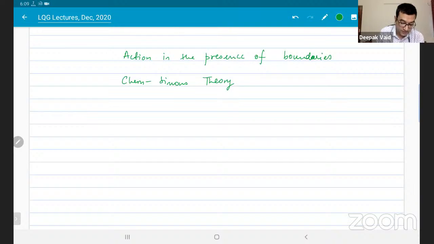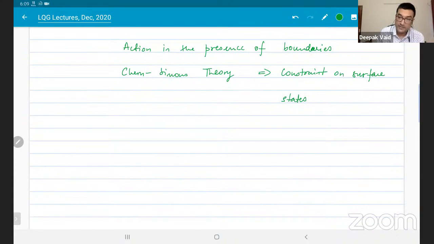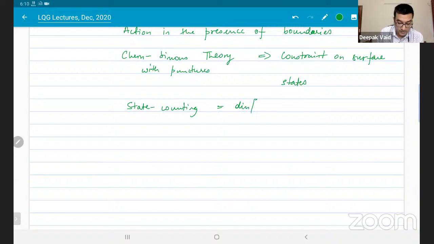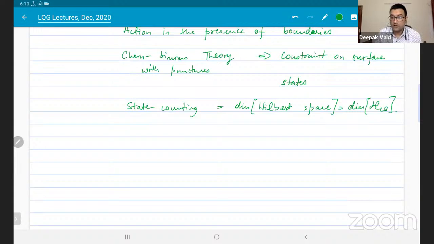This gives a constraint on the surface states, and then you can do the state counting by determining the Hilbert space of the Chern-Simons theory with punctures, which is equal to the dimension of the Hilbert space.